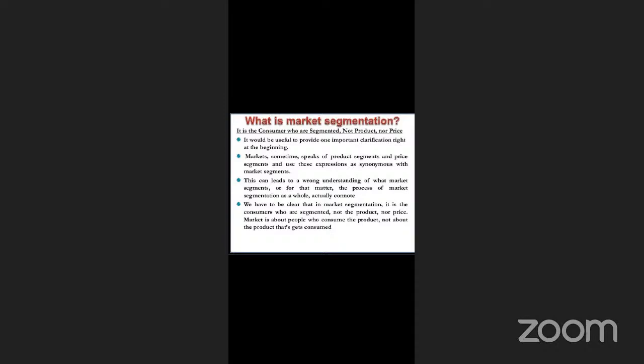So, what Philip Kotler said: market segmentation is the subdividing of a market into homogeneous subsections of customers, where any subsection may conceivably be selected as a market target to be reached with a distinct marketing mix.